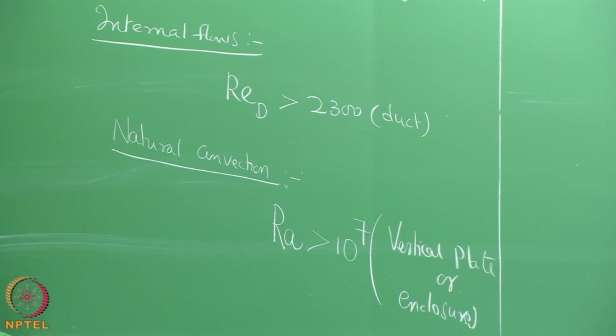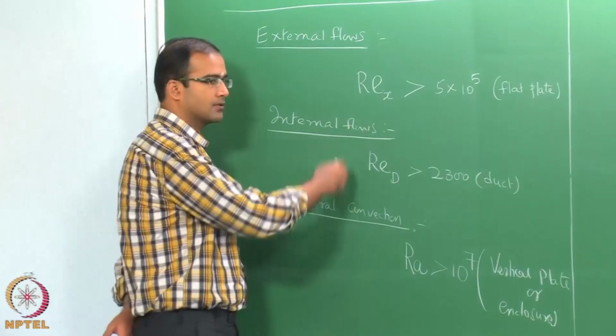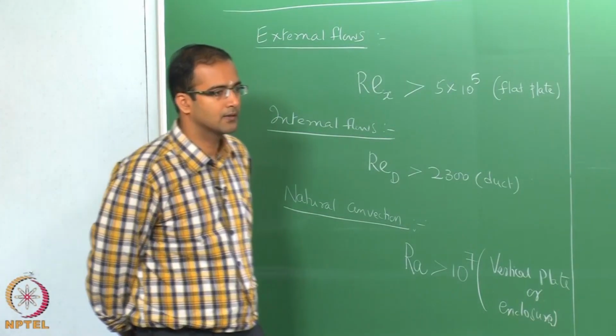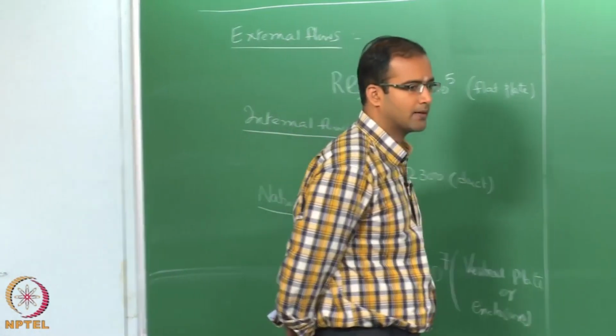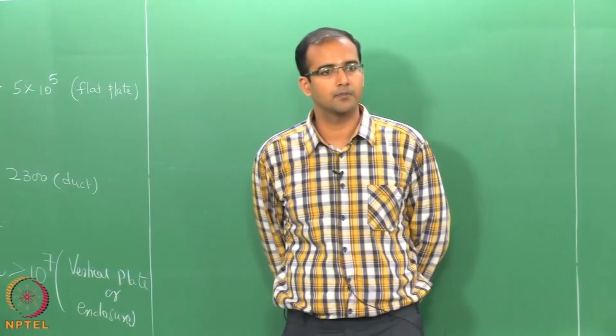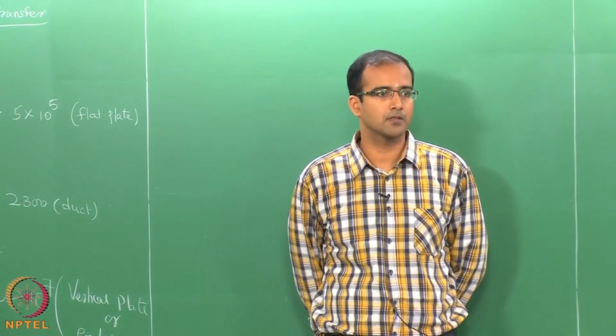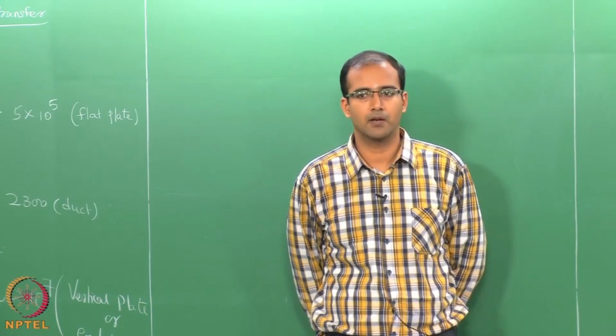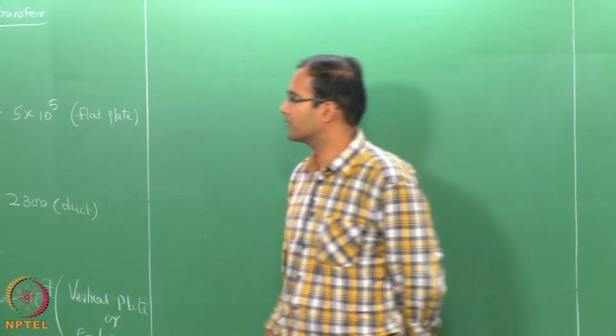Now, what happens if you cross these thresholds, either Reynolds number or Rayleigh number? When you put a probe, typically a hot wire probe, which is used to measure the local instantaneous velocity at a particular point, suppose you have the flat plate.